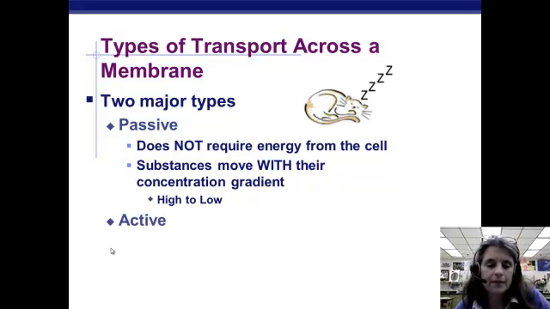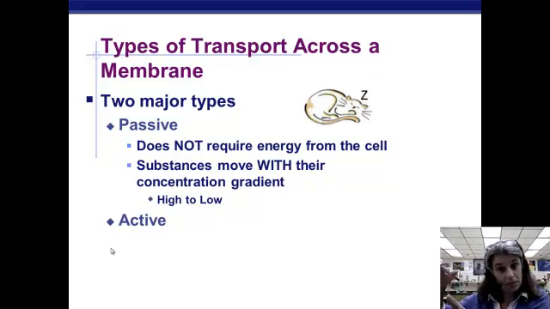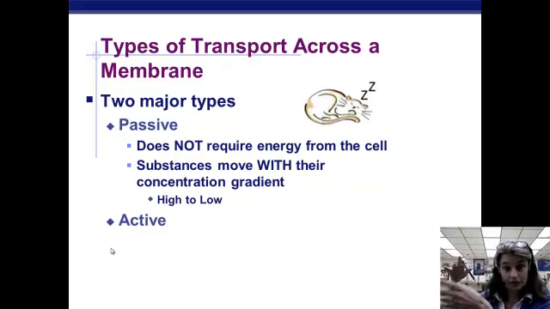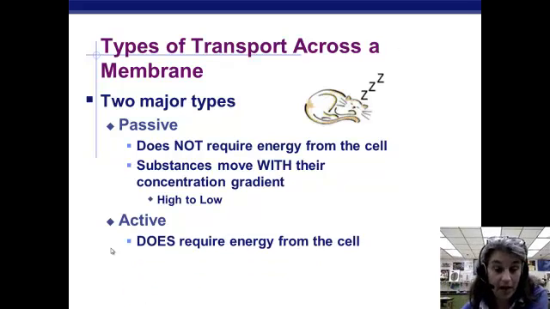Okay? And in passive transport, where the cell is really doing nothing, it's just providing an opening for allowing molecules to just follow that natural flow of kinetic energy from high concentration to low concentration.